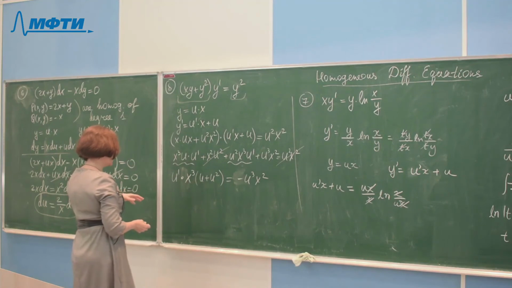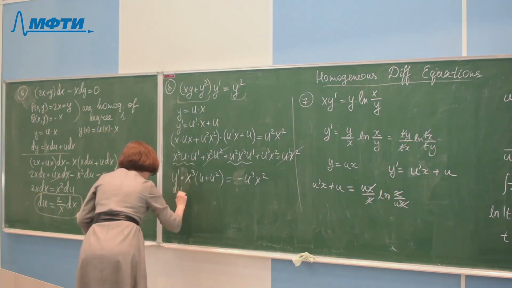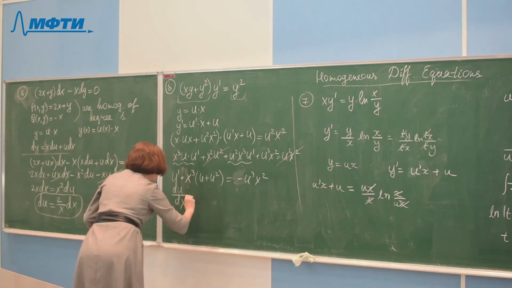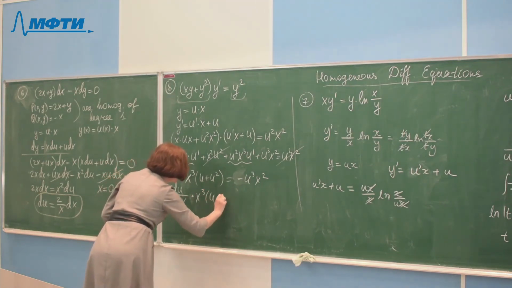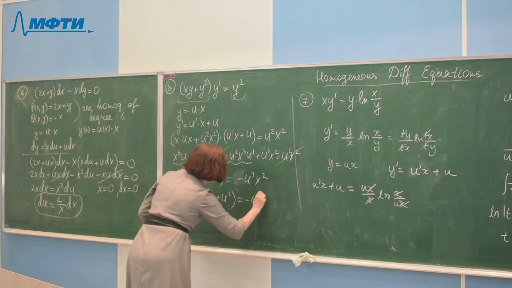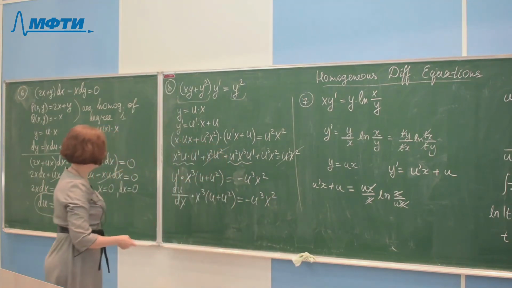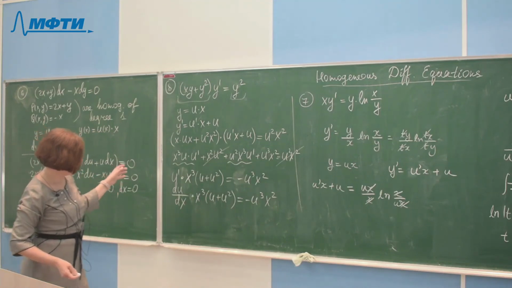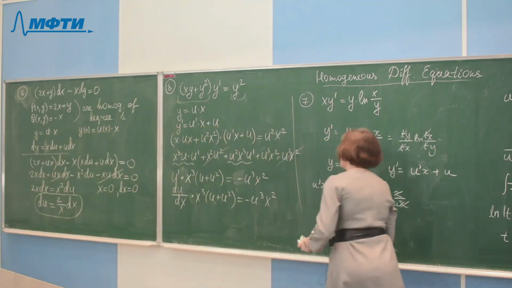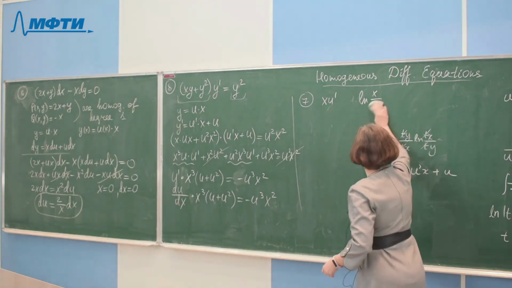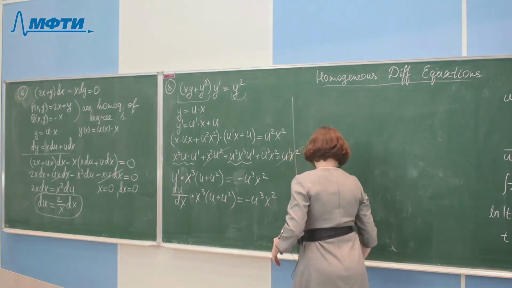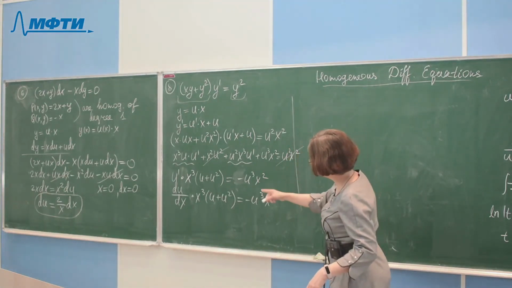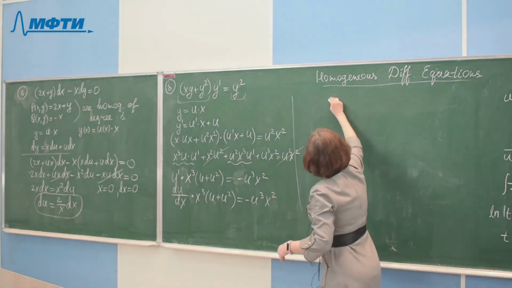Next we separate variables, so du over dx is equal to, let it be, x cubed times u plus u squared equals minus u cubed x squared. Then we will gather u on the left and x on the right. We should collect terms with u on the left.